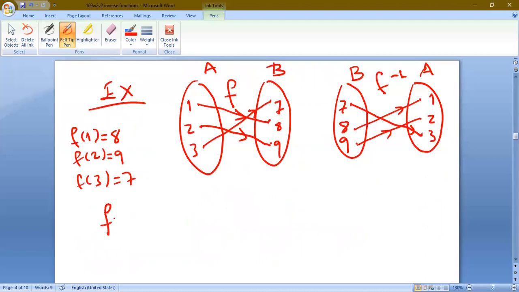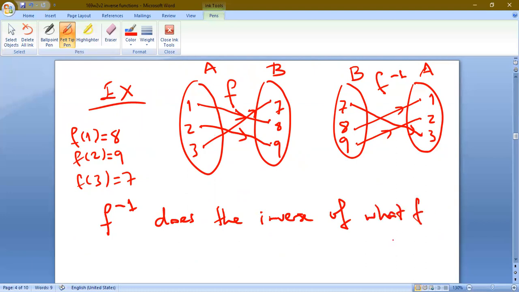So f inverse does the inverse of what f does. That's why it's called the inverse function of f.